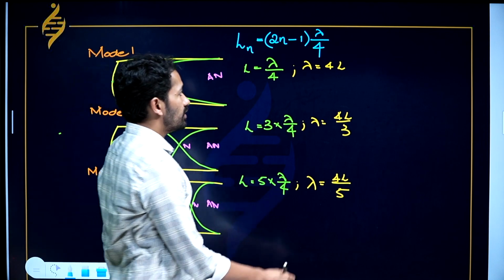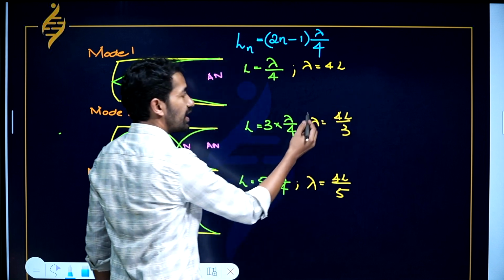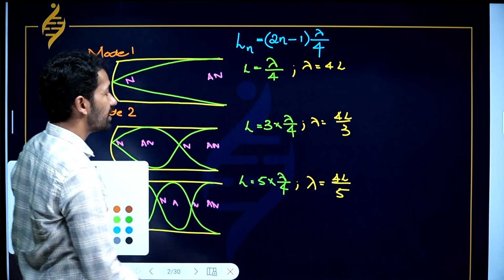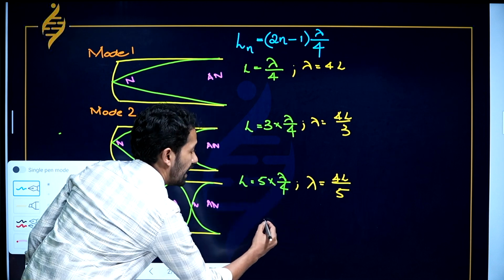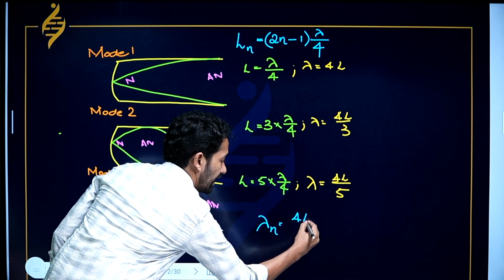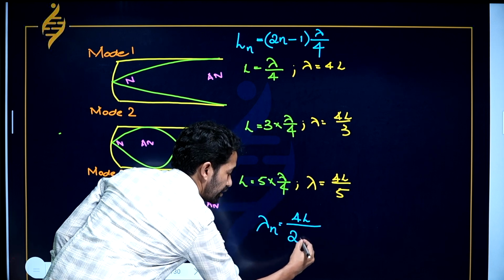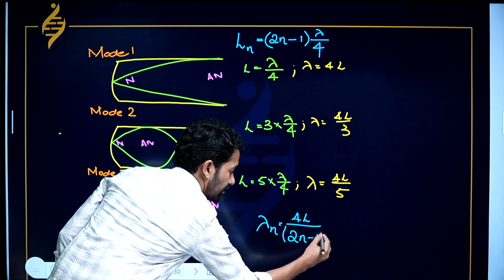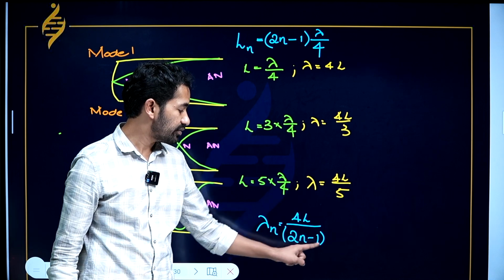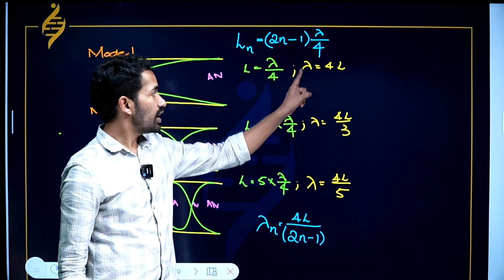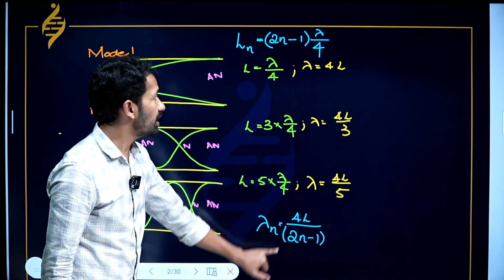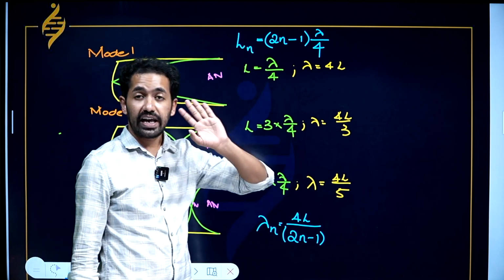Again I am having the general equation for lambda, which is lambda n is equal to 4 into length divided by 2n minus 1. Correct? When you substitute 1 here, it will be 2 into 1 minus 1, 2 minus 1, 1. So lambda 1 is equal to 4L. So this is a general equation for lambda and this is a general equation for L.